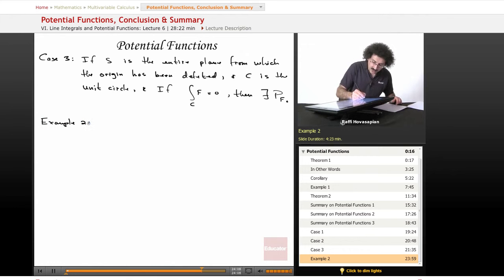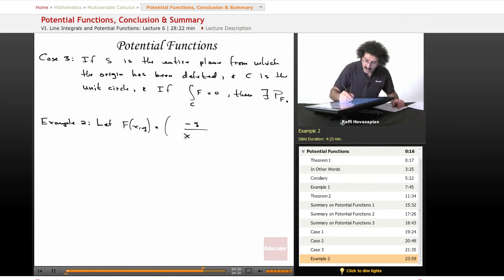Example 2. Okay, so we're going to let f of x, y, we've seen this vector field before, equal minus y over x squared plus y squared, and x over x squared plus y squared.